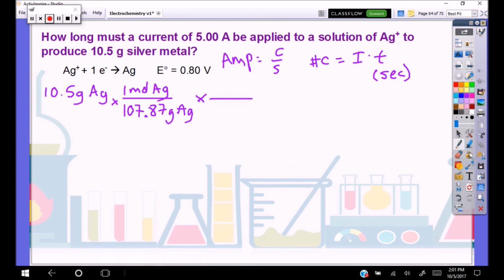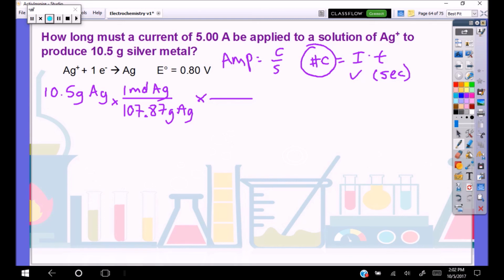The issue is we need to figure out how many electrons we need in order to figure out our coulombs, right? This is the only thing we can find right now. We want to know time, that's our X, and we have our amps, that's our I, 5 amps of current, so we need to figure out how we get our coulombs.